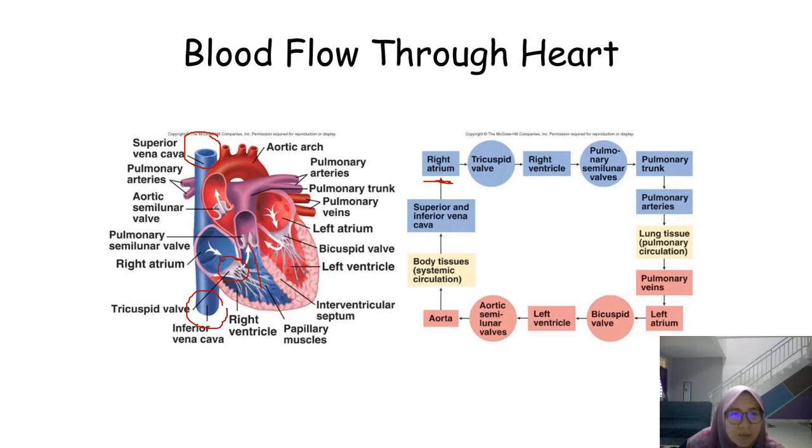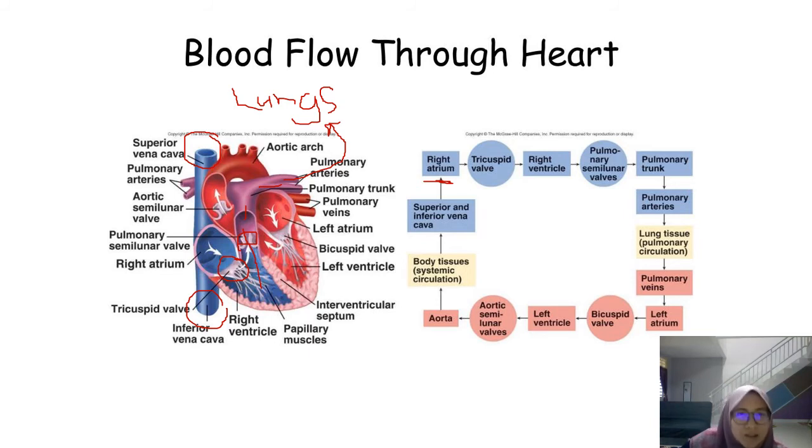The right ventricle passes the pulmonary semilunar valve into the pulmonary trunk, then to the pulmonary arteries, which pump to the lungs for gas exchange.